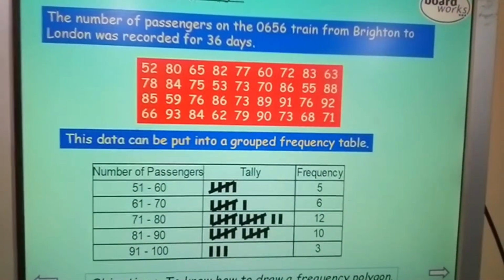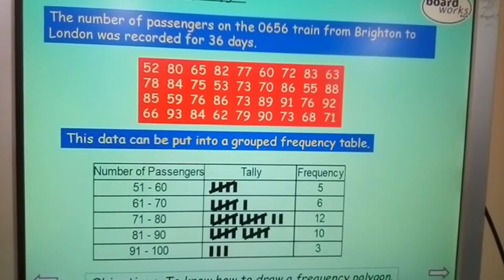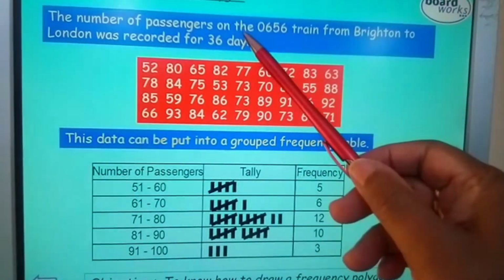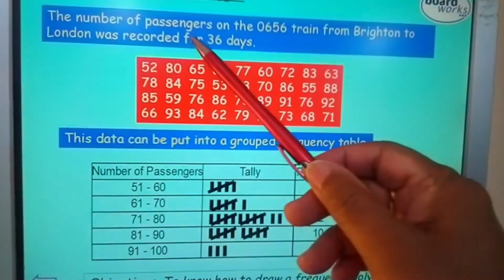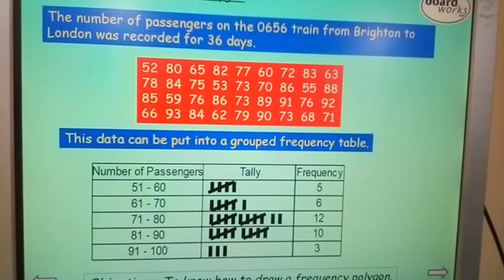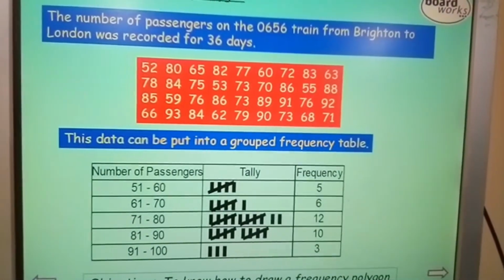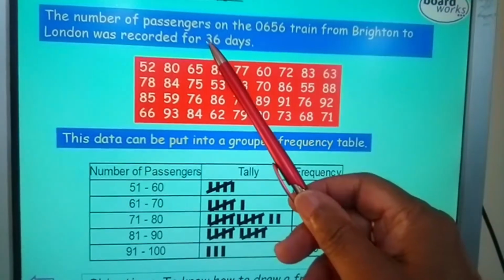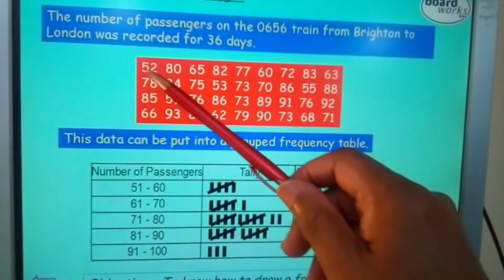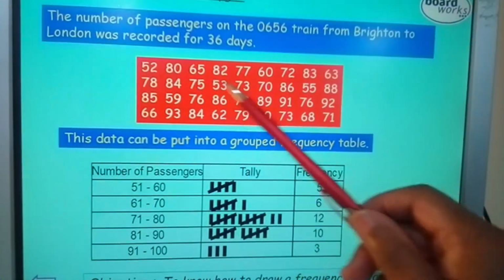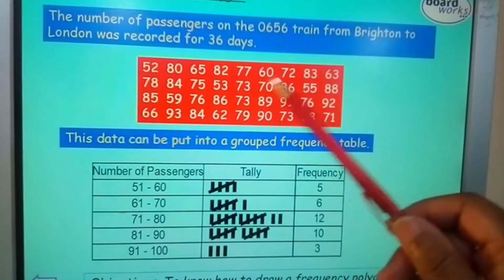So let's look at a process. The number of passengers on the 0656 train from Brighton to London was recorded for 36 days. Now, how many days was it recorded for? It was recorded for 36 days. And here are your data. This lists your data.